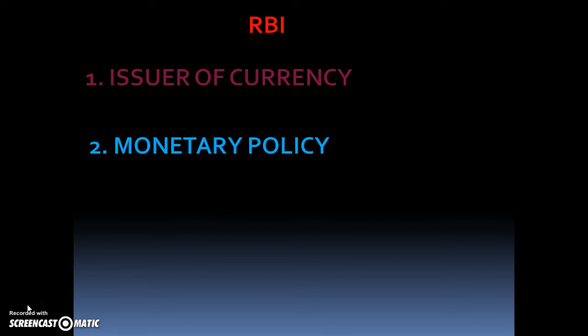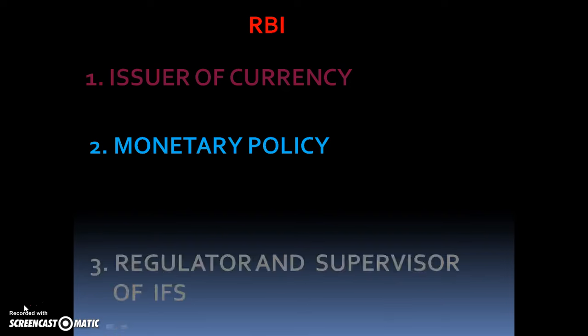RBI does this through different tools like CRR, SLR, marginal standing facility, MSF, repo rate, reverse repo rate, etc. Just to describe these terms here, we will discuss this in the video to come. Using these tools, the monetary policy is basically a national policy to control the flow of money as a whole in the system.